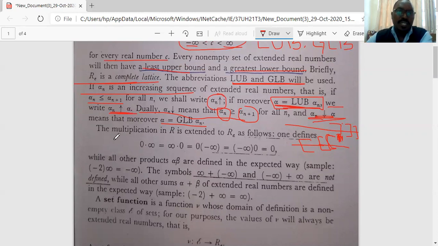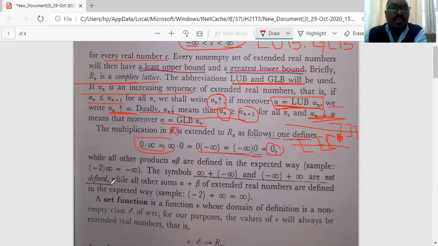So the multiplication in R, the set of real numbers, is extended to R-extended as follows. We define that 0 times infinity is commutative, the same whether we do it on the left or right. This becomes 0.